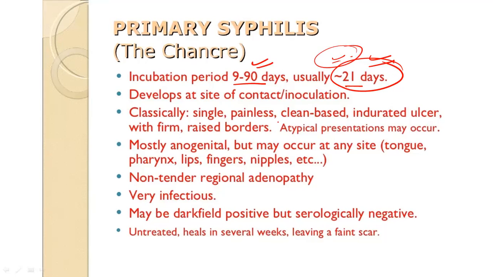It develops at the site of contact, basically the inoculation site, may be single or multiple, painless, with rolled, raised borders. Most commonly it is anogenital, but may occur in the oral cavity, tongue, pharynx, lip, fingers, nipples, etc.